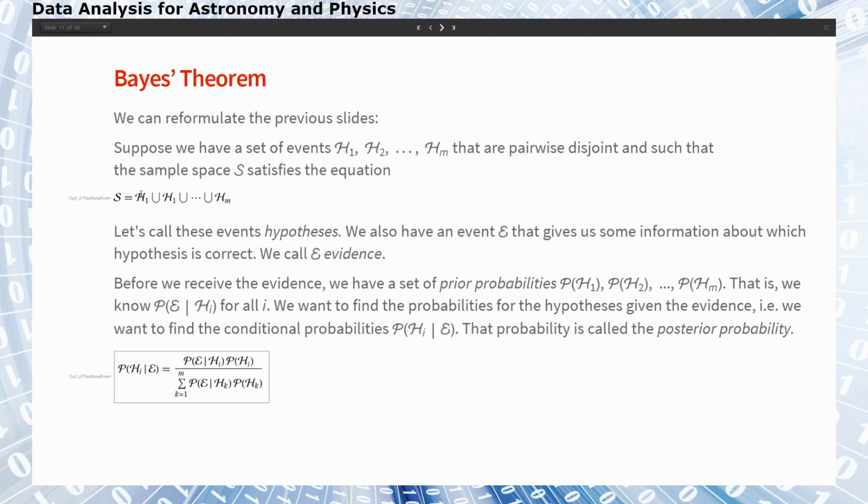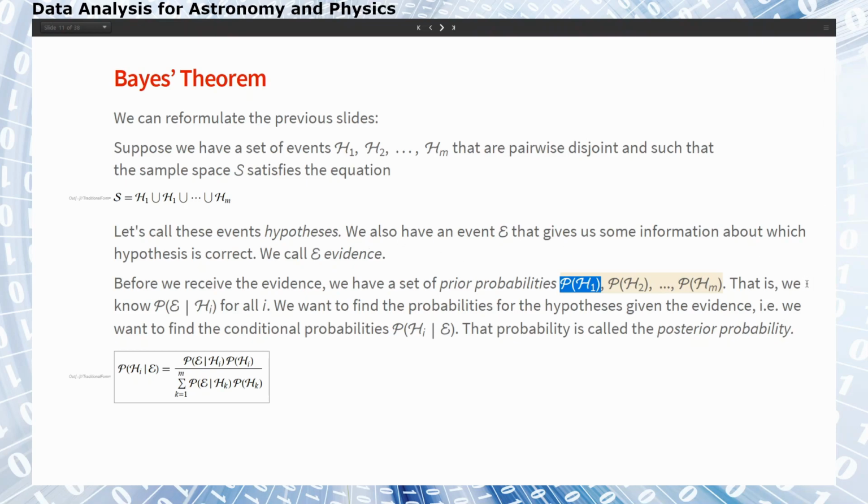And let's say an event corresponds to a certain hypothesis. There might also be an event E that gives us some information about which hypothesis is correct. We call E evidence. And before we receive the evidence, we have a set of prior probabilities, P(H1), P(H2), and so on.